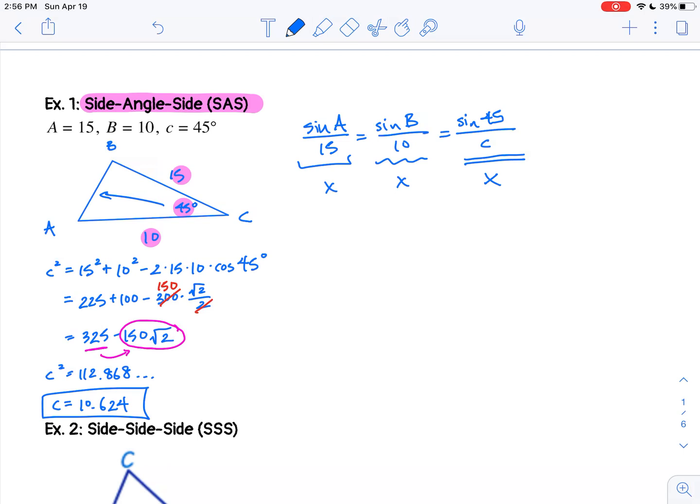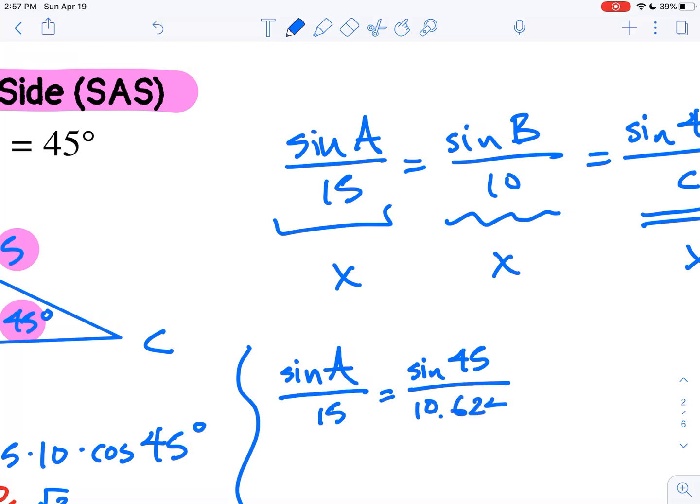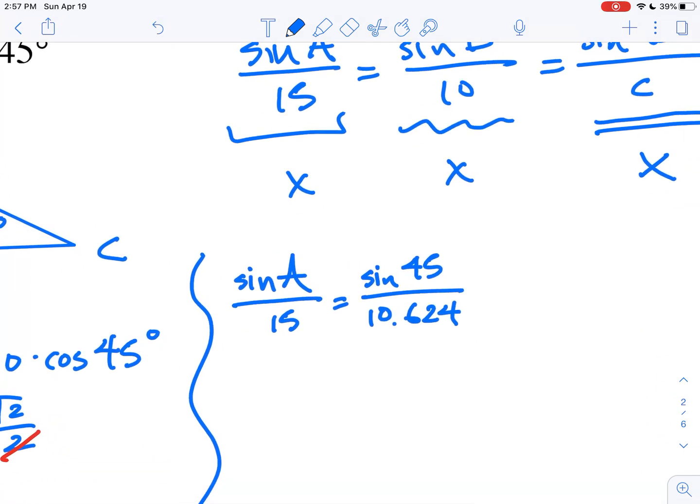Okay? So now once we've found side c, we can use law of sines to help us find angle A and angle B, because now we've got a full pair, okay? So just because it's alphabetical, I'm going to find angle A first. So I've got sine of A over 15 equals sine of 45 over the little c I just found, which was 10.624. All right, we cross multiply. 10.624 sine A equals 15 sine 45.